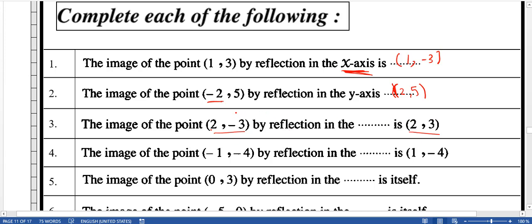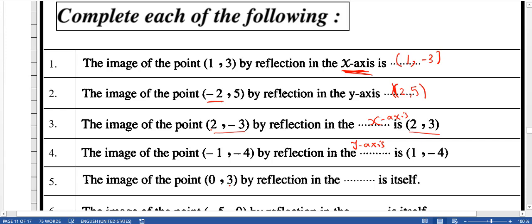So we changed the y coordinate sign, so we reflect in the x-axis. The image of the point negative 1 and negative 4 by reflection in what is 1 and negative 4? We changed x, so it's reflected in the y-axis.